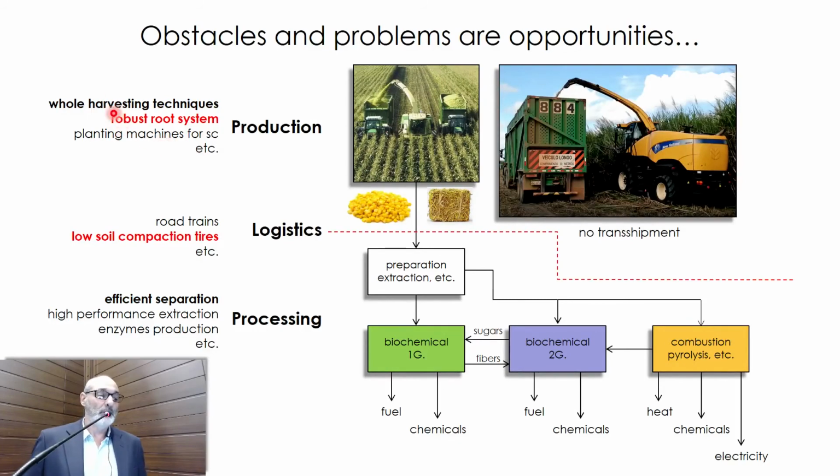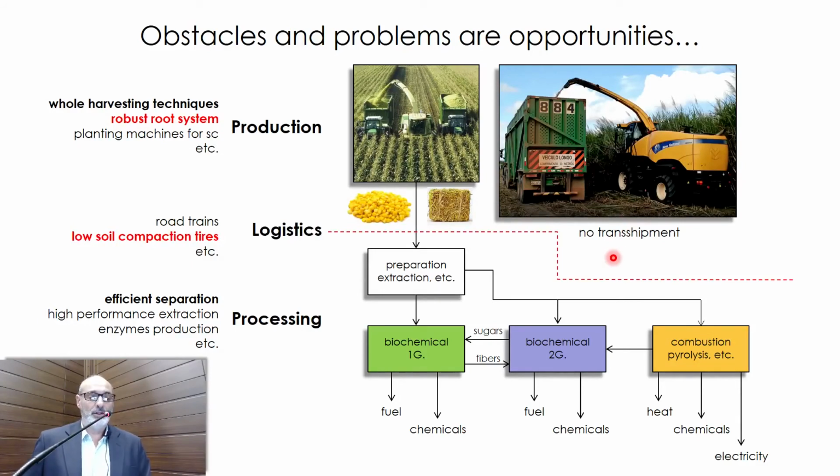If you do this and you develop, through genetic modification for instance, a plant that has very robust roots, or you develop low soil compaction tires, instead of having these wagons here, you go with your truck directly on the fields, and then you can avoid transshipment.